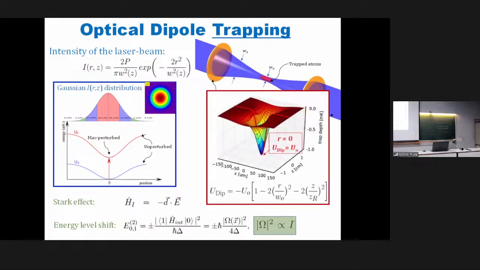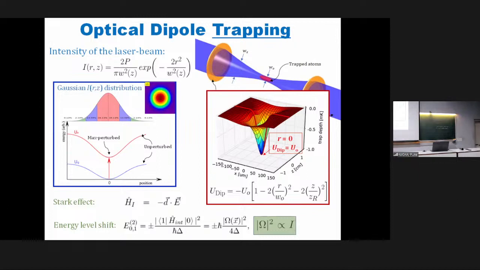Okay, so this kind of perturbation itself will create a trapping potential. So far we just spoke about the shifting, but now look at it in three dimensions. The Gaussian laser beam I showed you in 2 dimensions is a cross section.